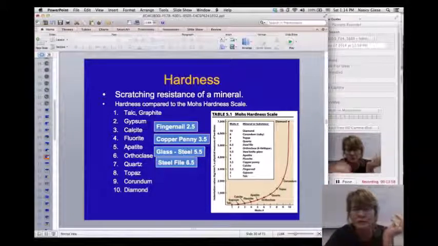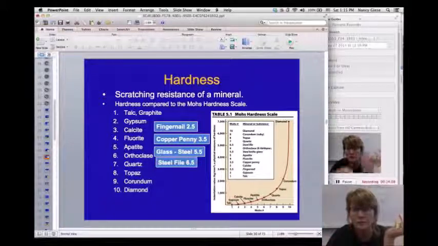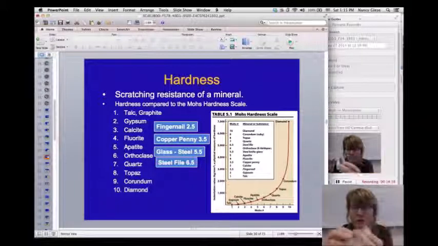So if you look here in this table, or in your mineral property table at the end of your lab, you'll see that calcite has a hardness of 3, which is relatively soft. Quartz has a hardness of 7, which is relatively hard.